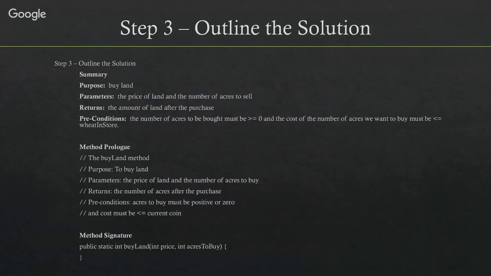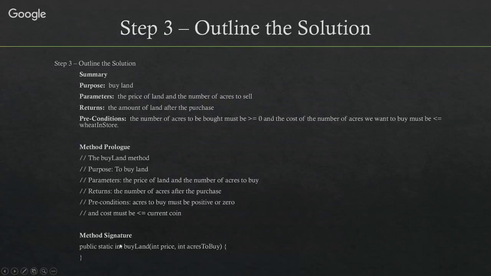We then take that and turn it into what's called a method prologue. This goes over our summary and our preconditions, parameters, and all that, and we put that into our code so that we can see exactly what this is going to do. And then we create our method signature. Down here, this is a public function.